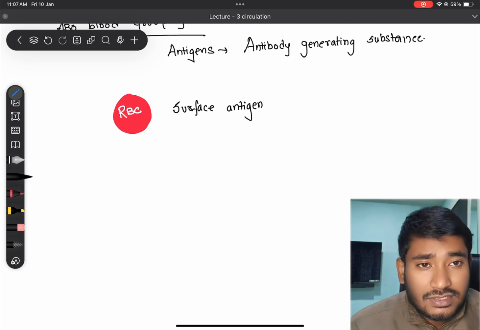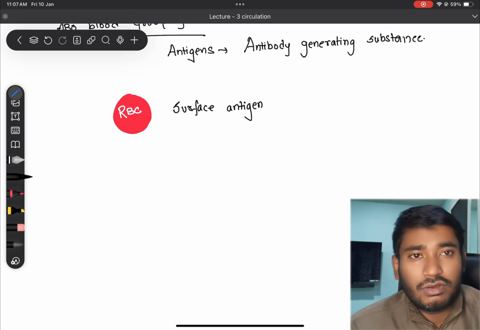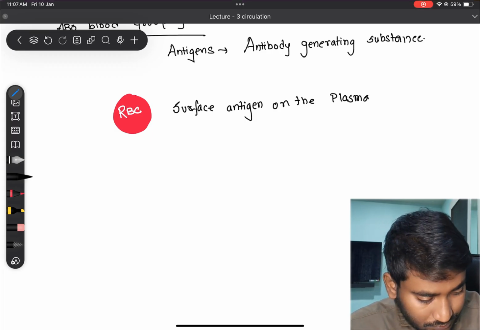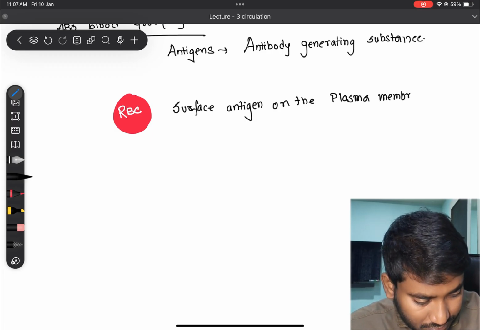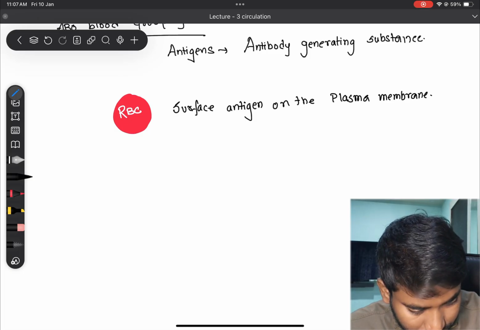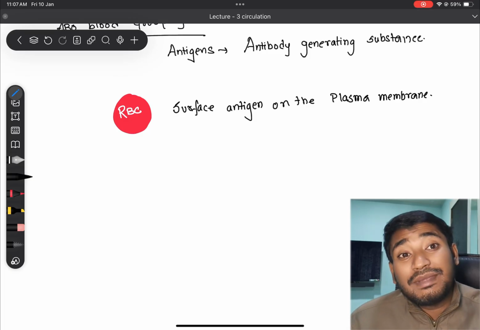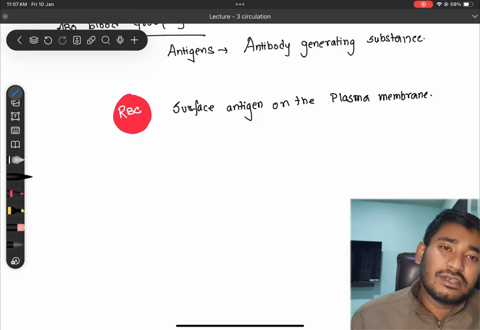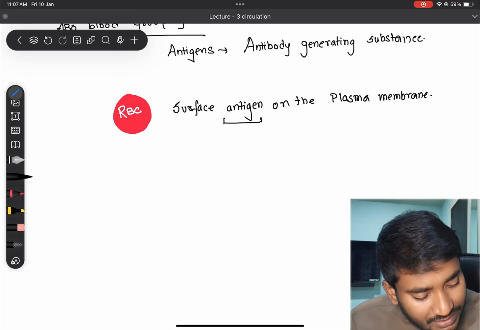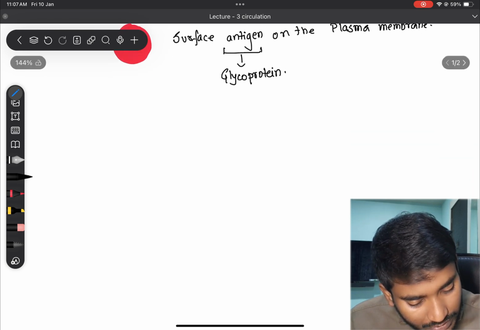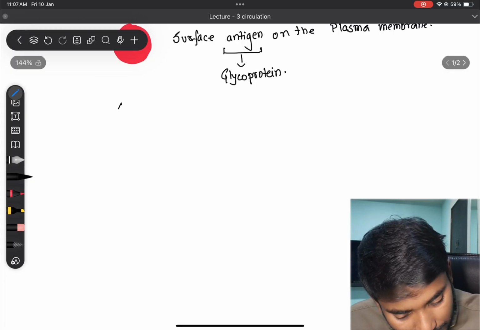The RBC does not have any nucleus, but it has a surface antigen on the plasma membrane. Now this antigen is made up of glycoprotein. Glycoprotein means it contains a sugar part and also a protein part. These antigens are called glycoproteins.